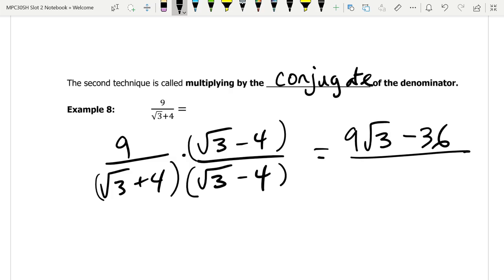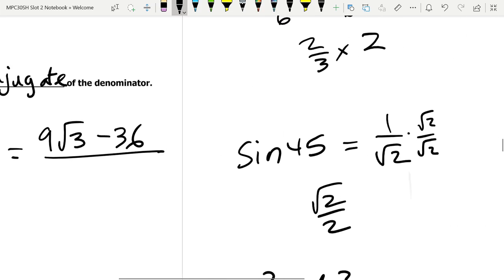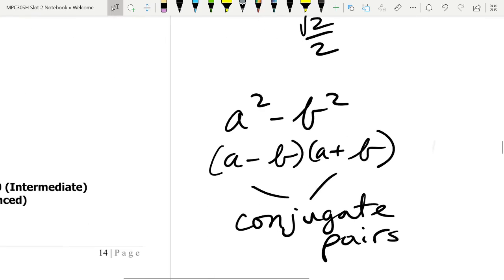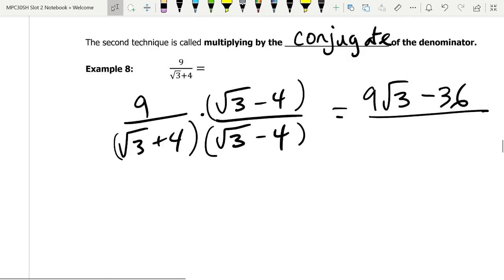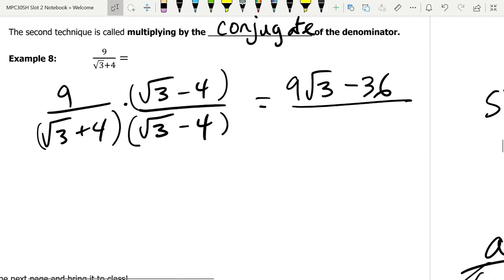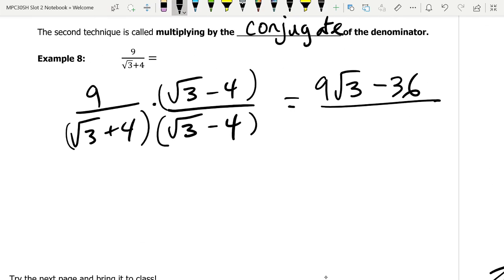But what is happening in the denominator? Go back to what I was showing you a second ago. If you started here, you are going to get that when you multiply. How come? Because there won't be an AB term, because they end up canceling, right? We can do full FOIL. Root 3 times root 3 is 3. Root 3 times negative 4 is negative 4 root 3.